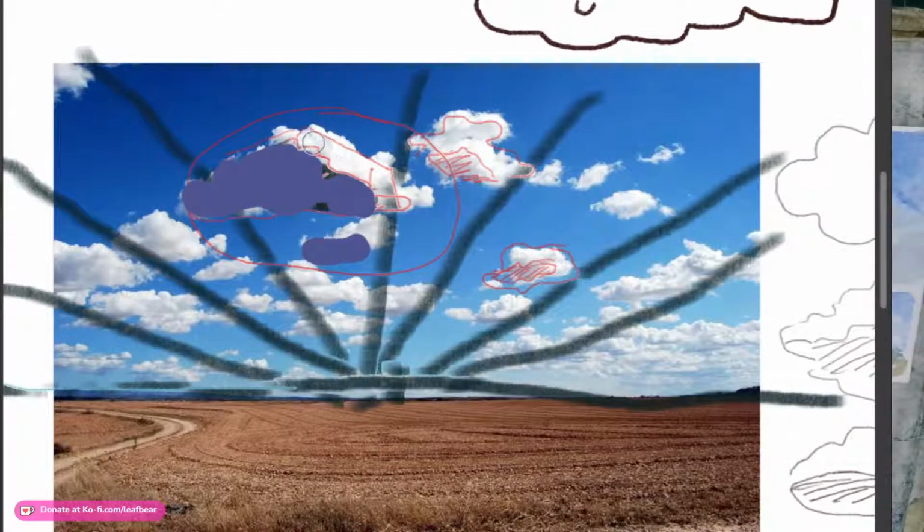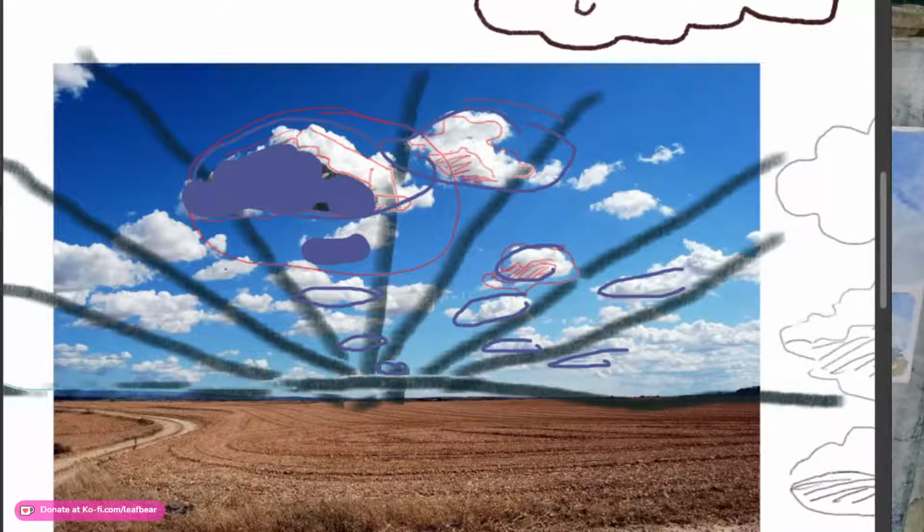The whole shape of the cloud gets smaller as it goes further. So these two clouds, which are closer to us, are the biggest. And when it gets closer to the horizon, it gets smaller and smaller. Look at all these. They all follow the perspective. Do you guys understand what I'm trying to say? Are you guys following?